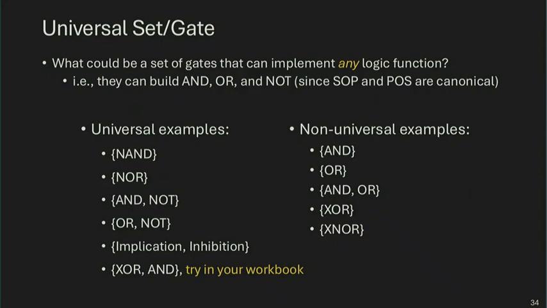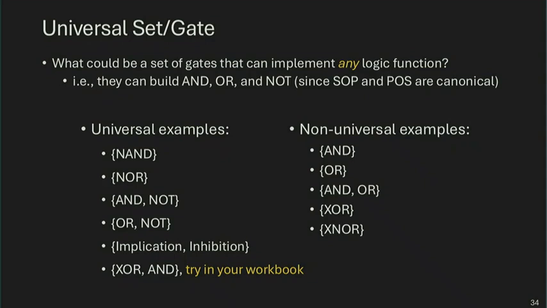In other words, they can be used to build AND gate, OR gate, and NOT gate. The reason is because we can represent any Boolean expression in that two-level SOP or POS form. Therefore, if we can build an OR gate, AND gate, and inverter, we can build any logic function. AND, OR, NOT together, they are, of course, a universal gate. That's the definition of universal gate, actually, right? So that you can build any SOP or POS.